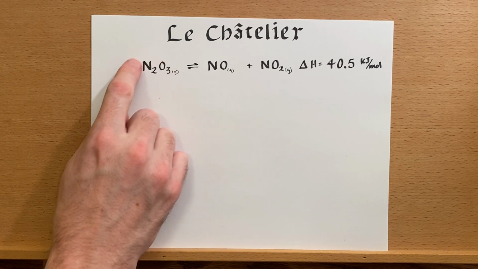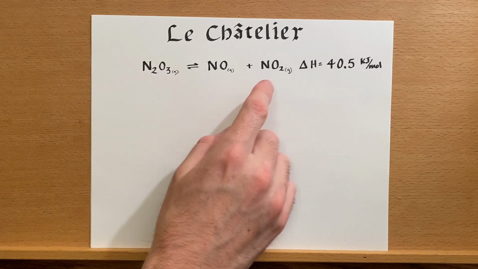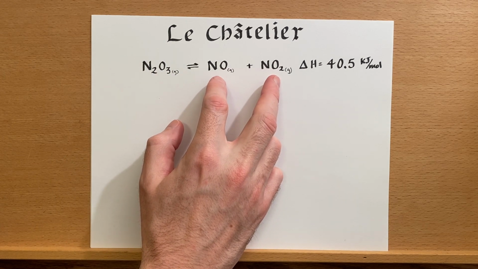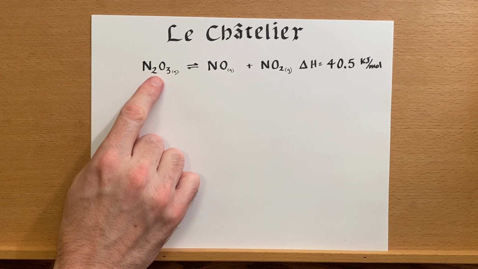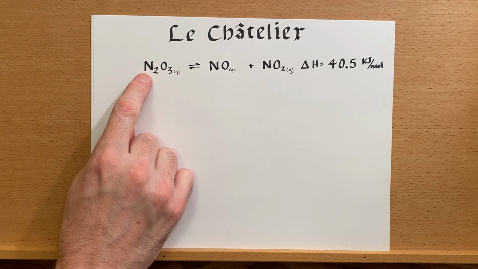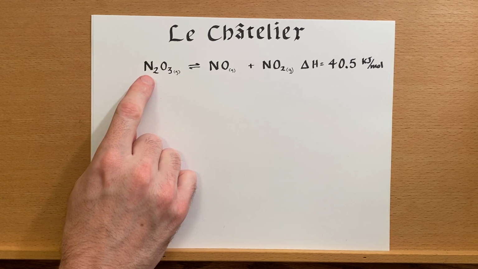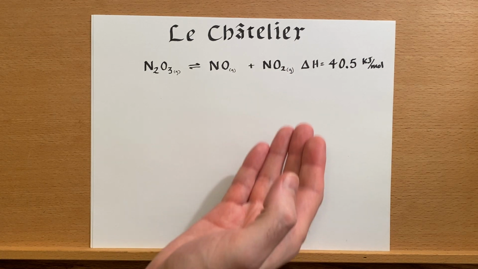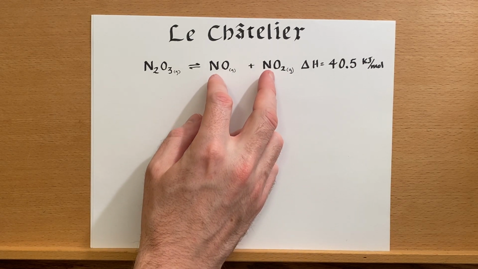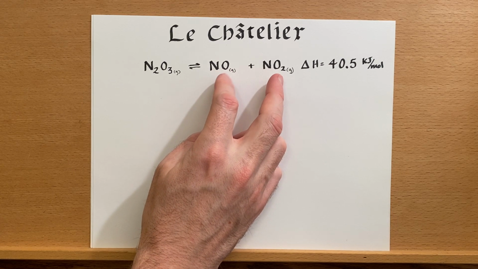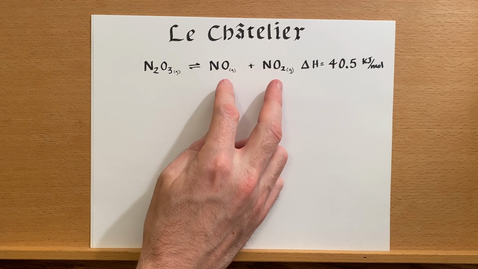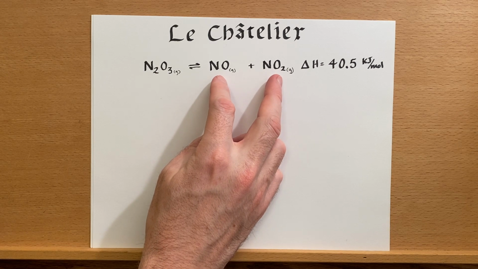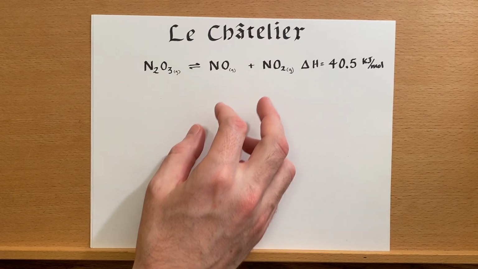Well, I have 1 mole of gas over here, and I have 2 moles of gas over there. So if I were to take some of this N2O3 and transform it into NO and NO2, then I could raise the pressure back up some, and by making more molecules of gas, that would increase the pressure inside the container. And that's exactly what happens.